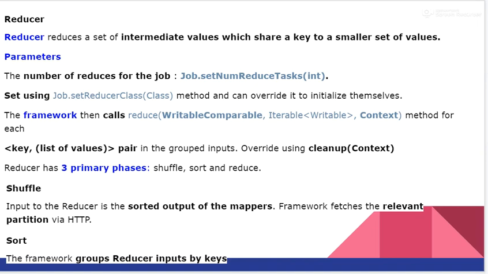That is, if you have, say, two reducer jobs, then the first reducer will pull all the keys related to the first reducer, and the second reducer will shuffle and pull all the keys related to the second reducer job.